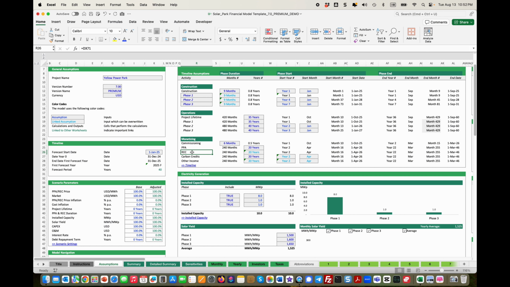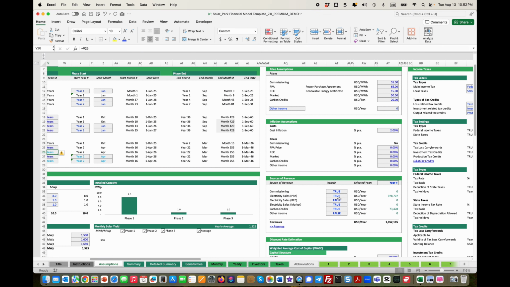This is a bit riskier because the market prices can go up and down, and only the premium, which is not the same amount as the fixed price or the total value of the electricity sold, is only a certificate, the price premium. This model allows you to do both, and here there are switches. You can basically say under which regime you're going to sell. Here I'm disabling the certificate, and I'm focusing on the PPA.